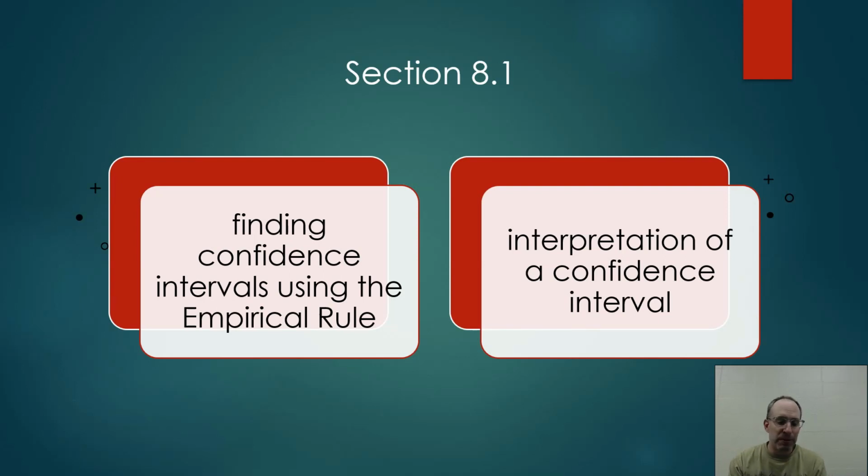It's just based on whether you're going to use the empirical rule, the 1, 2, or 3 standard deviations away from the mean. The big thing in 8.1 is what's on the right side of the screen: how to interpret a confidence interval. I know we've gone through it a lot, so it's probably kind of obvious that this is the important part.